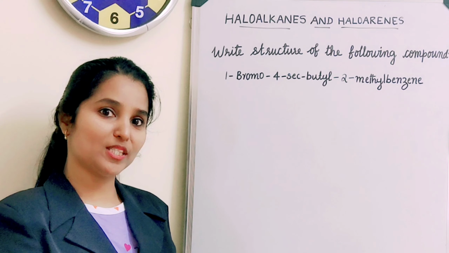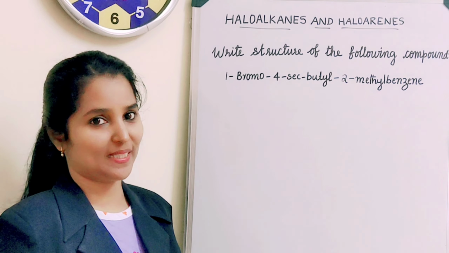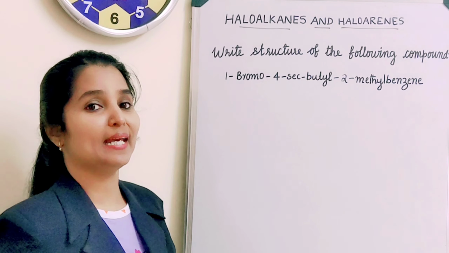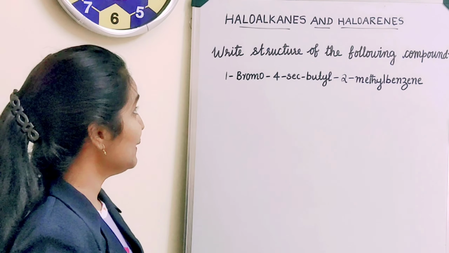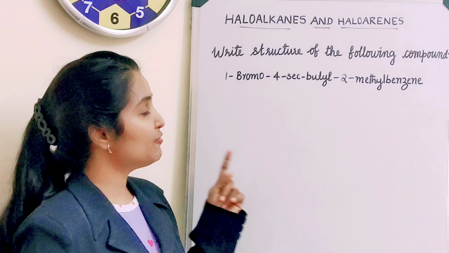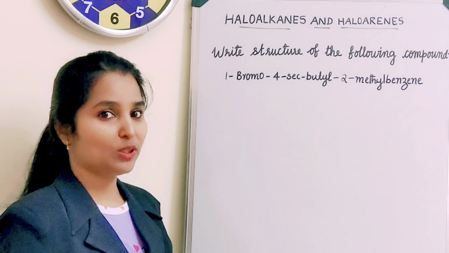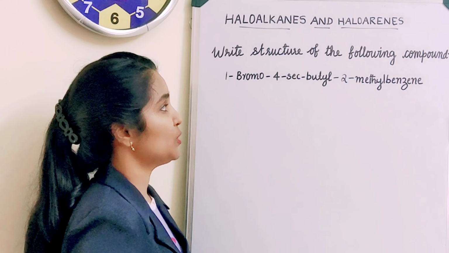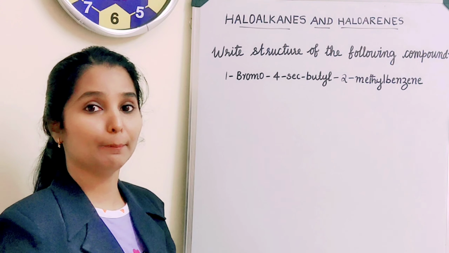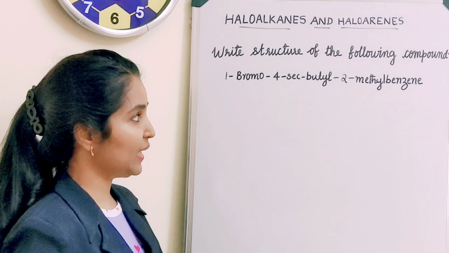It's just the opposite of IUPAC naming. Here the IUPAC name is given and you have to write the structure. So we can see, write the structure of the following compound. What is the name given? 1 bromo, 4 sec-butyl, 2 methyl benzene. So what we have to do?